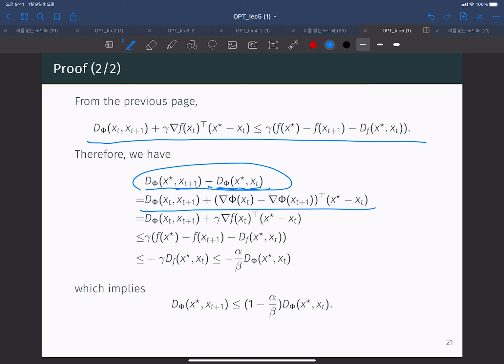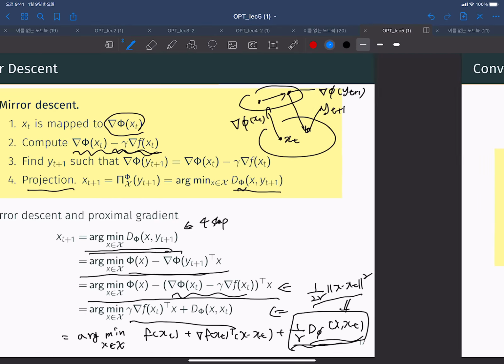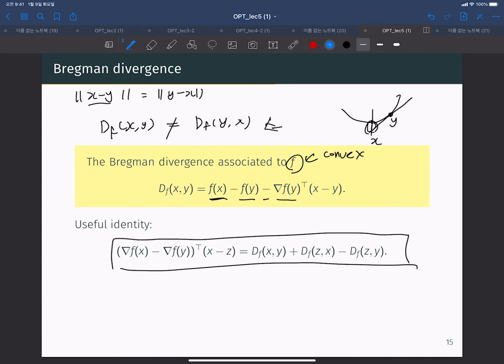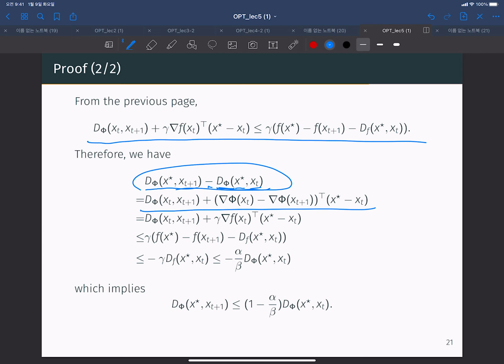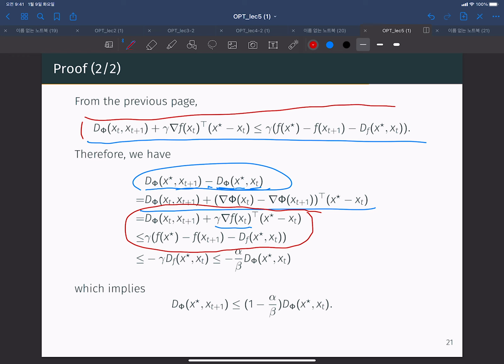Essentially, this comes from a useful identity, this one. So I just use this one. And then from the definition of x_{t+1}, the gradient of pi(x_t) minus the gradient of pi(x_{t+1}) is equal to gamma times the gradient of f(x_t). And this inequality we obtained from the previous page.